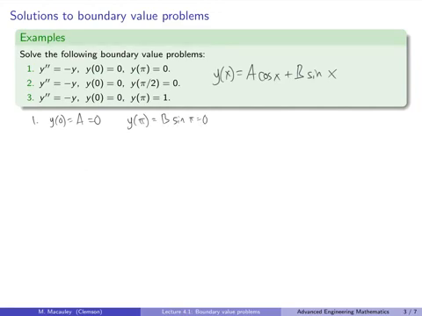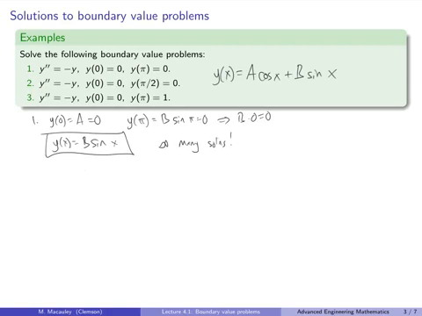So this is a lot like the problem that we just did on the previous slide. This doesn't tell us anything. So this tells us that b times 0 equals 0. B can be anything. So the set of all solutions is b sine of x. So there are infinitely many solutions.